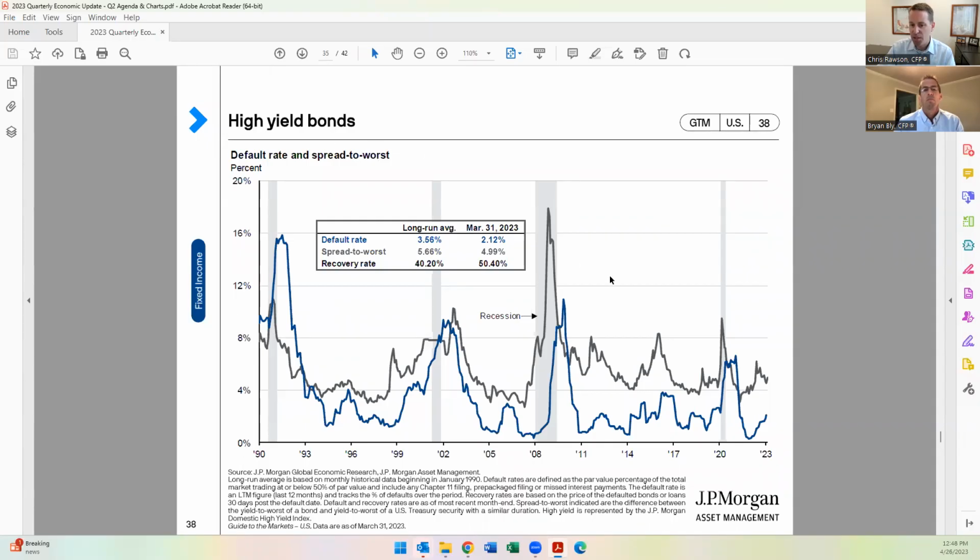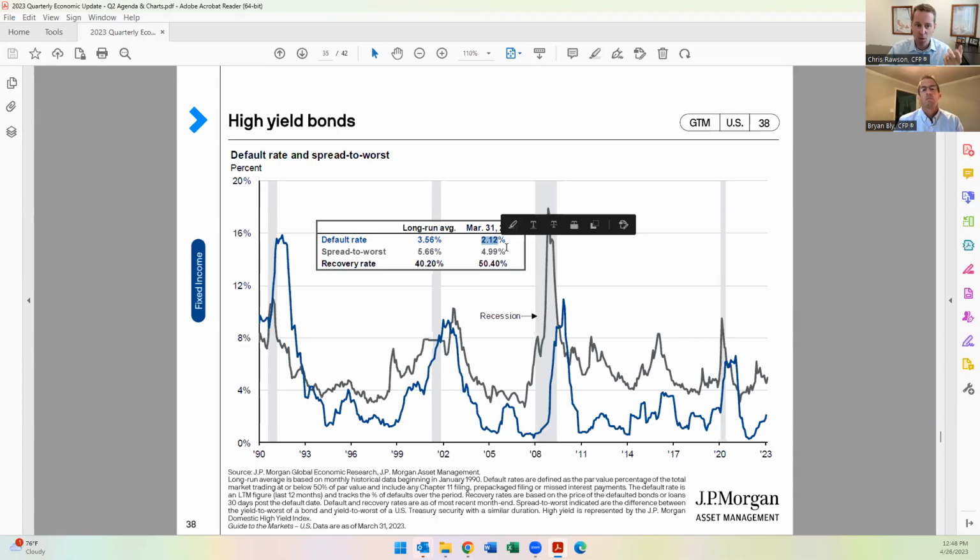And the other piece that we see and focus on is something called the default rates. So we're not migrating into high yield bonds because high yield means low quality. And so with lower quality companies, you'll see the default rate is in blue. Default meaning they can't pay their notes. The default rate is increasing. So this is happening now, and this is something that we continue to monitor within high yield bonds.